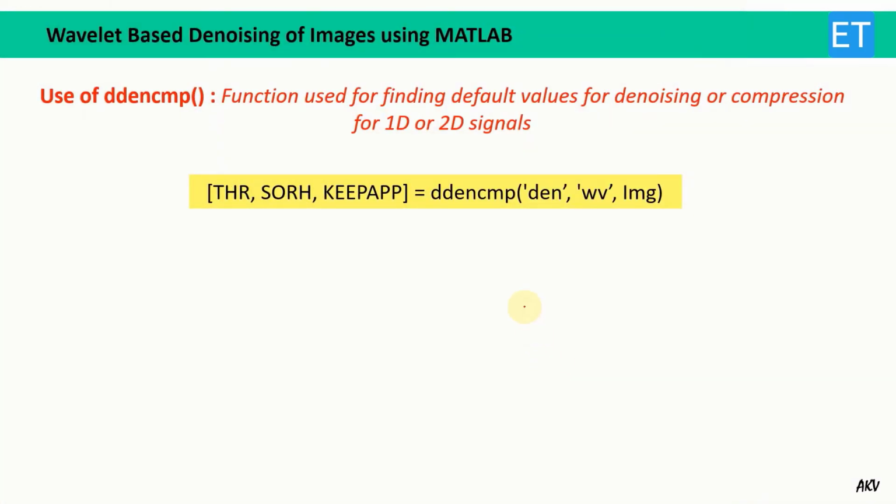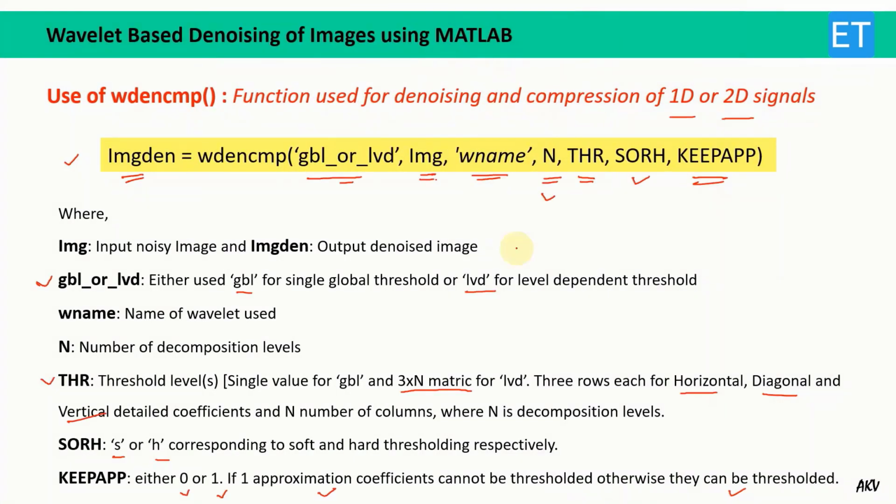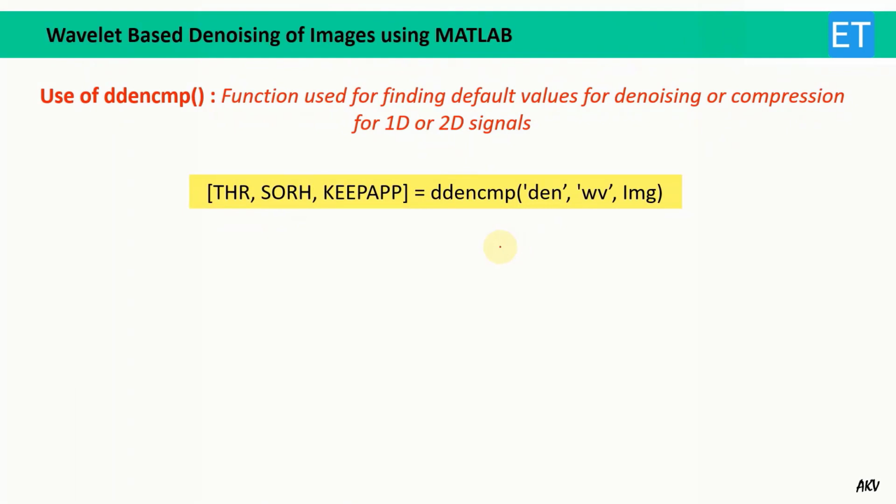Now, let's see the use of ddencmp. The question is that in the previous function, how to get these values, the THR, SORH and keepapp. These you will get automatically from this function ddencmp.